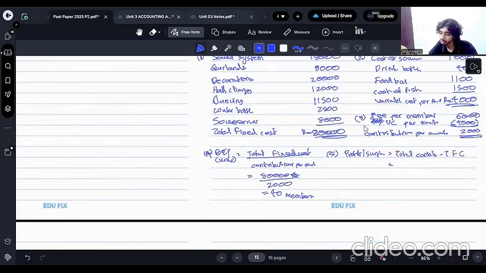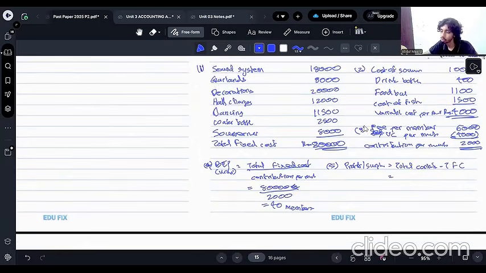Now contribution, if 60 people participate. Contribution is 2,000 for one member. If 60 members participate, 2,000 into 60, that will be 120,000, minus total fixed cost 80,000, surplus will be 40,000 rupees. 40,000 if 60 members participate.